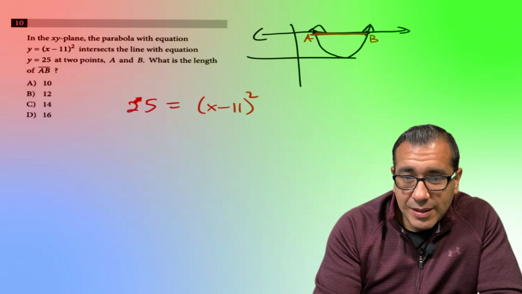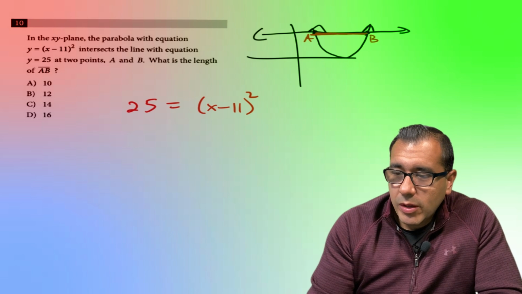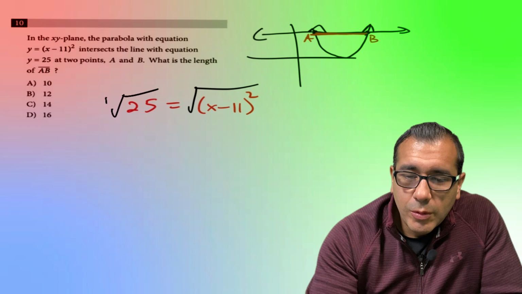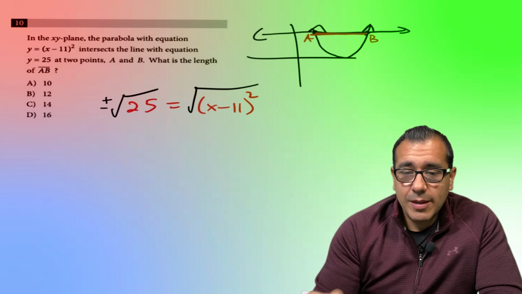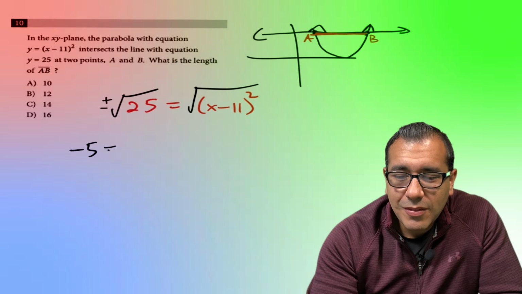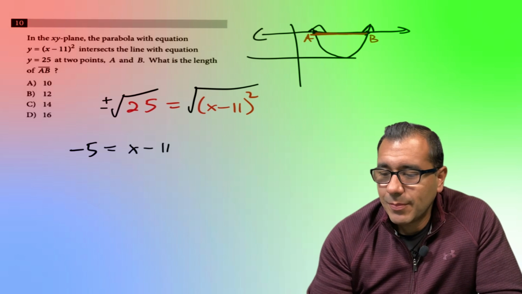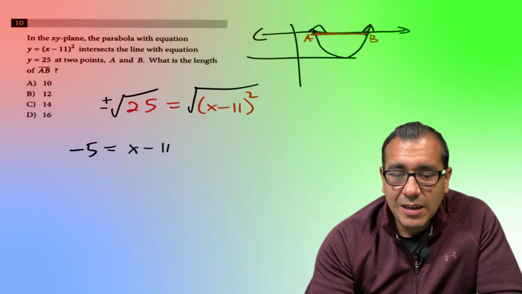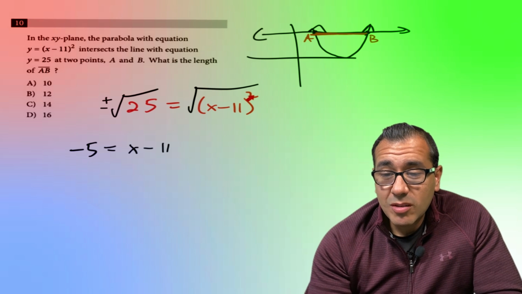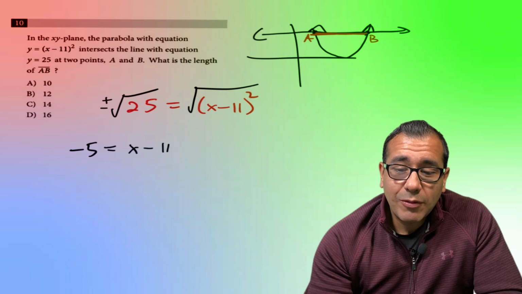So we're solving this, and we're going to take the square root of both sides. But remember, when we take the square root, we're going to get a plus or minus. So we're going to end up with two equations. We're going to get negative 5 equals x minus 11. We take the negative answer, and the square and the square root cancel each other out, so we're left with x minus 11.